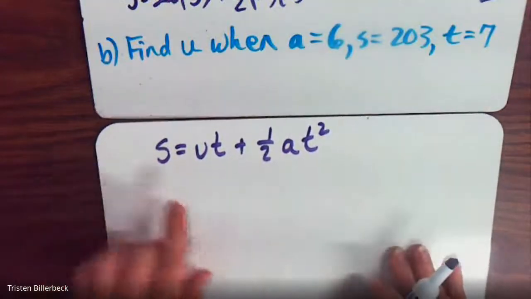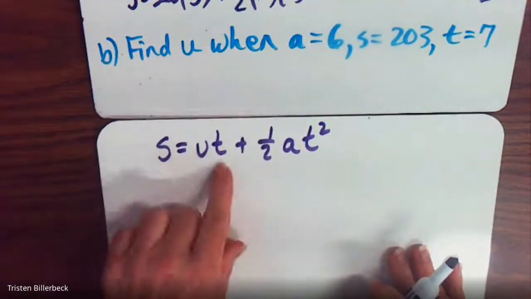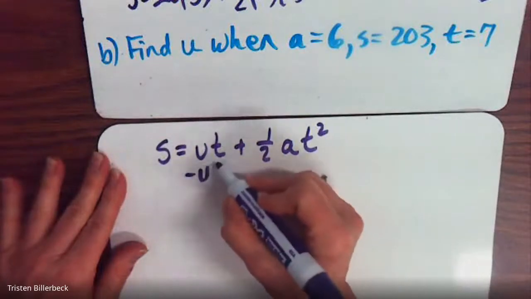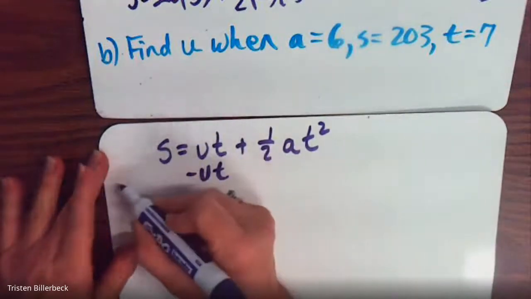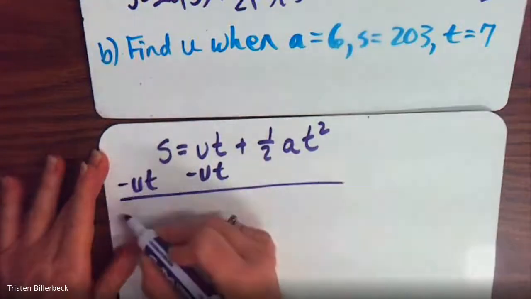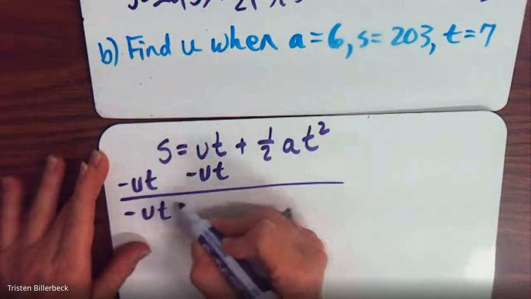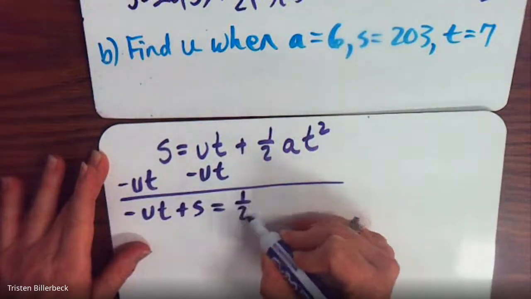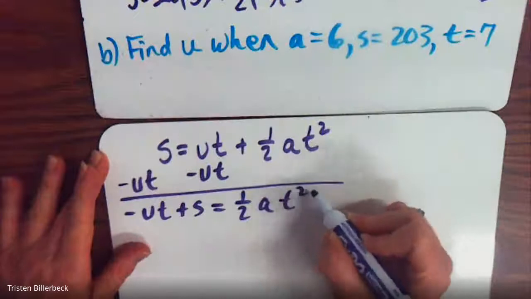We want to move the u term to this side, so we use an additive inverse: minus ut here and a minus ut here. So we have minus ut plus S equals 1/2 at squared.